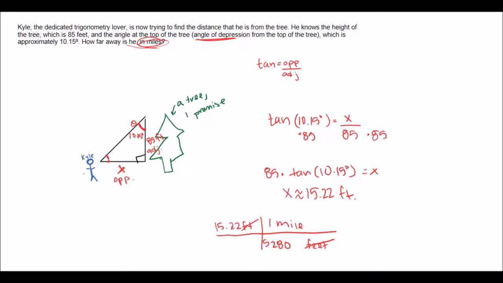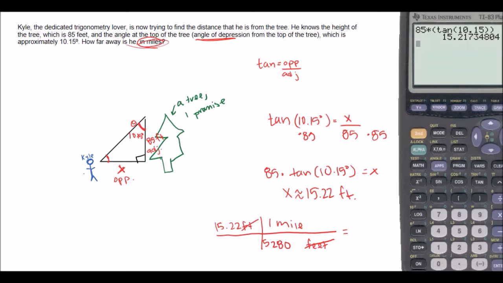And anything in the top is being multiplied, and anything in the bottom is being divided. So we get that 15.22 over 5,280 equals about 0.003 miles.